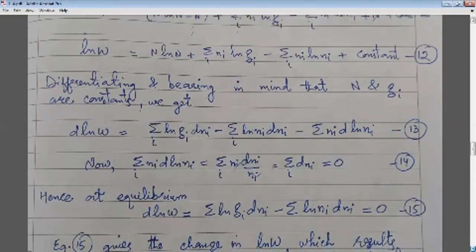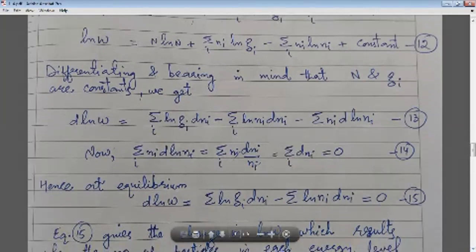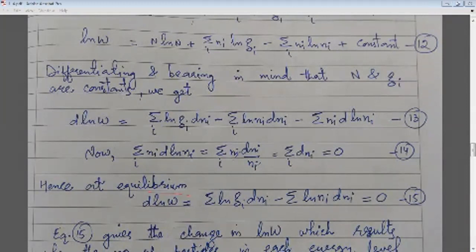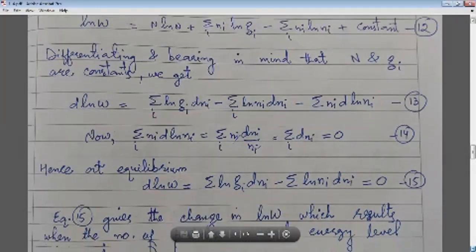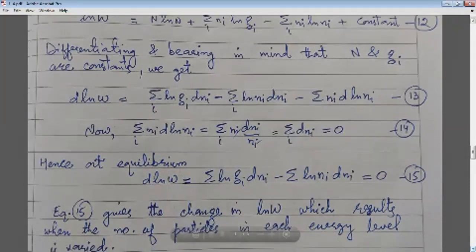So from equation 14, we get that at equilibrium the differential of ln W is equal to the summation of ln gi dni minus the summation of ln ni dni, which will be equal to 0, because this term will be 0 when you maximize W. Now this equation 15 is a very important relation.